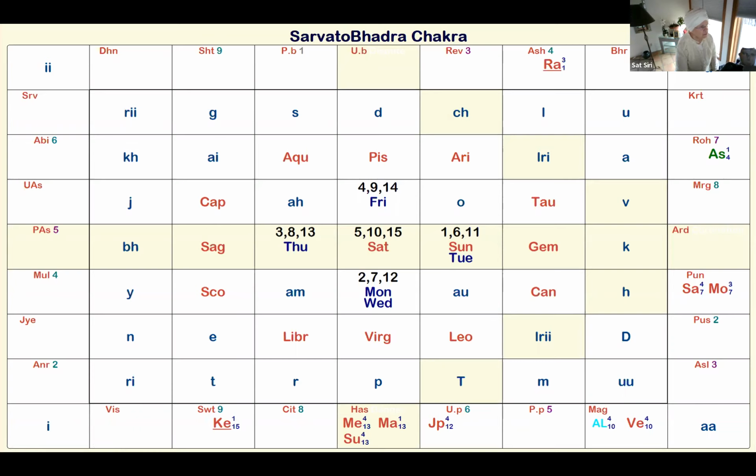And nakshatras have to do with Vayu, or the movement. It's all about movement, so they're about transits. Transits are movement. And so the study of transits is so valuable when we do it with this chakra, because that's what this chakra is made for.